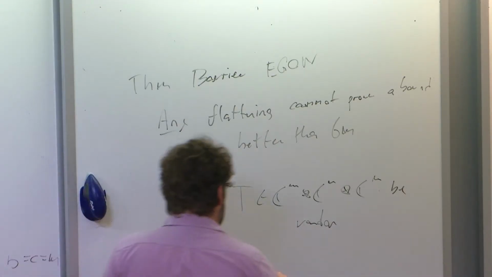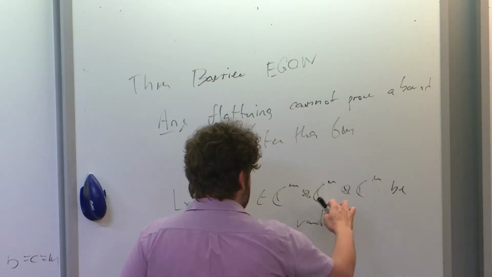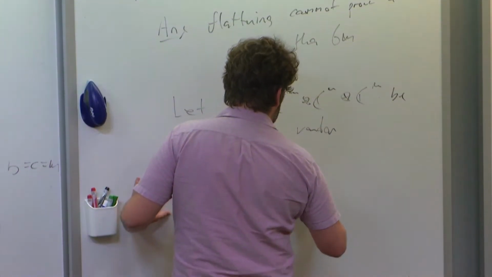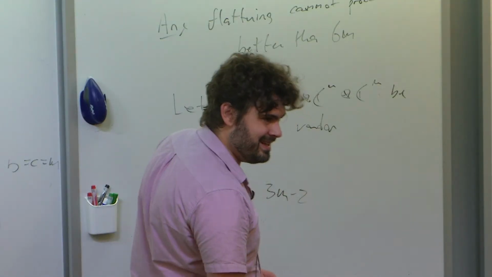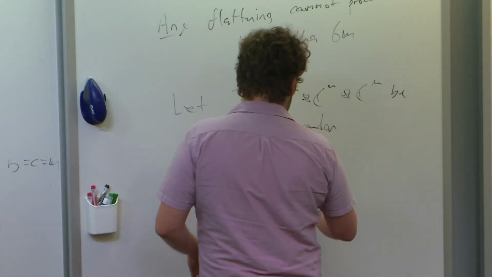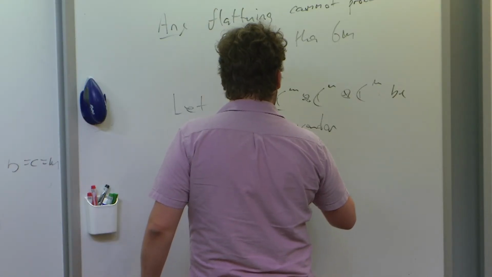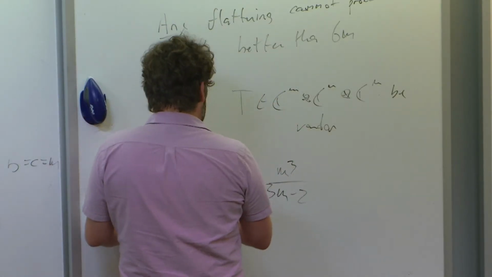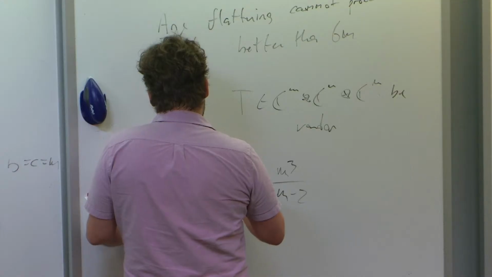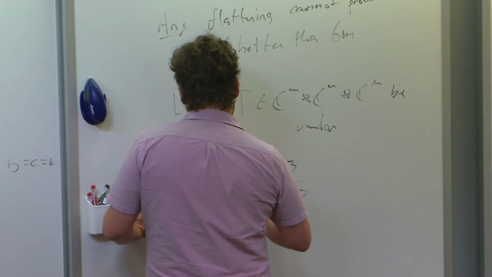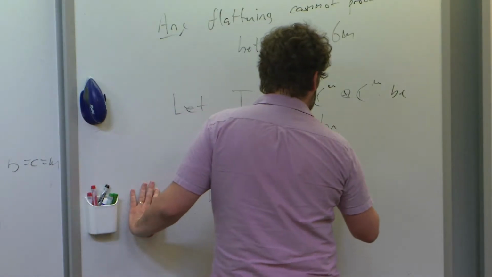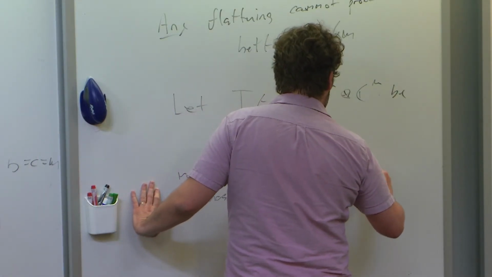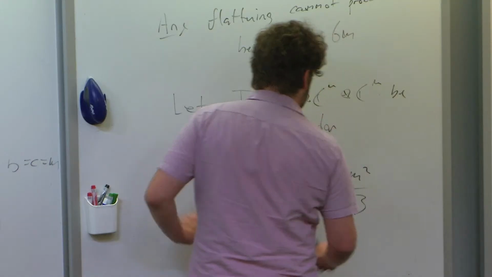So there's 3M per rank 1. And how many tensors are there? It's a 3M minus 2, and then M cubed. So a random tensor has rank equals border rank equals this number, and this is something like M squared over 3.